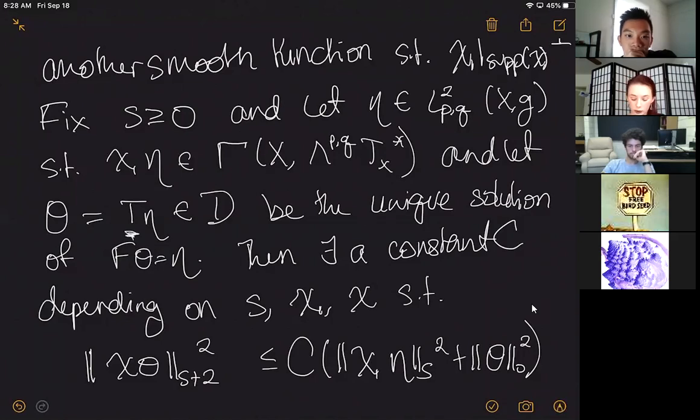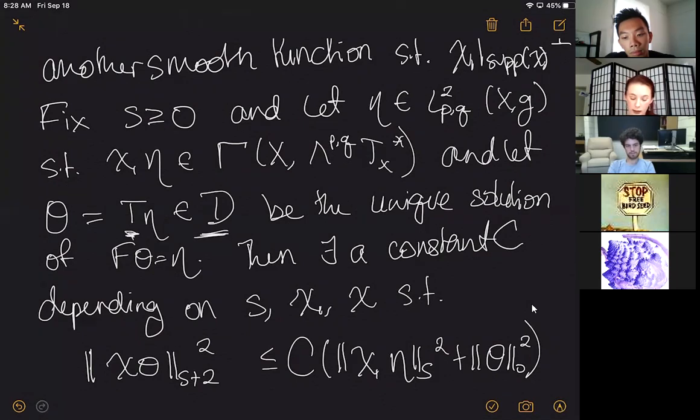So when you read this, what this statement is saying is that the S+2 norm of our solution is going to be bounded by the S norm of our data, the eta that we started with, plus just the straight L2 norm of our solution. Our solution is going to be L2 because we just showed that our space D is actually H1, which is included in L2.